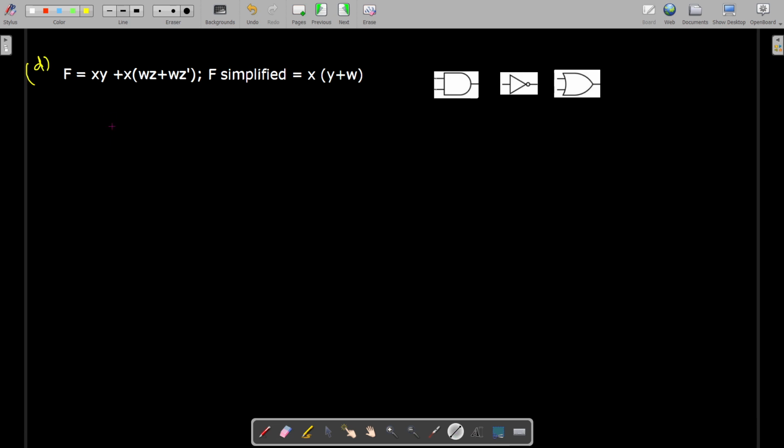So now we'll start drawing the logic diagram for this Boolean expression f.